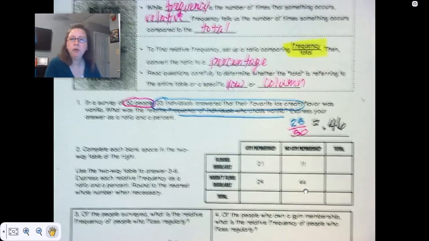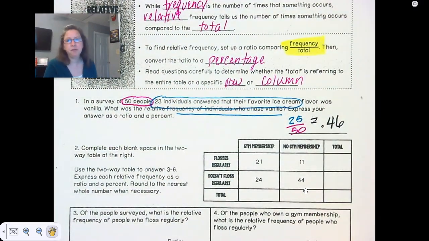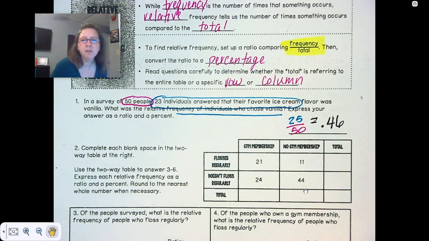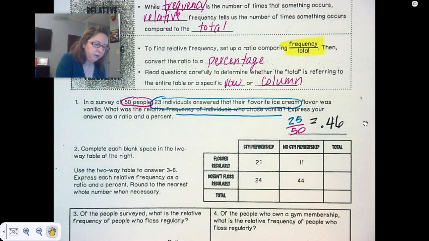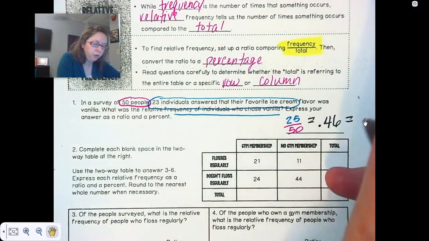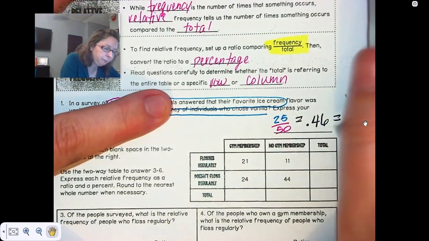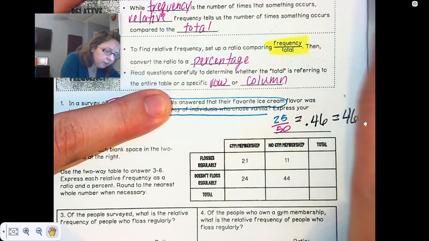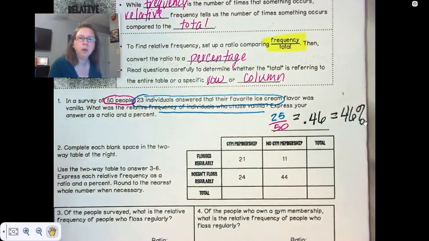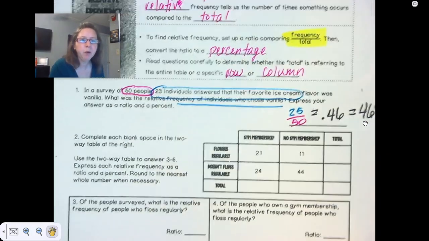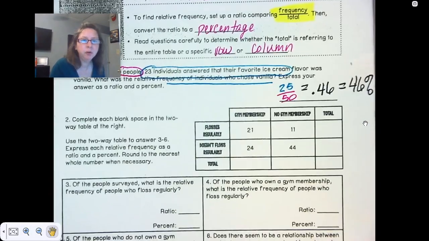All right, when we do a relative frequency table, oftentimes you're going to see your answer in decimal form. So we just need to be able to know how to convert this to a percent. So this would be 46%. Great job.